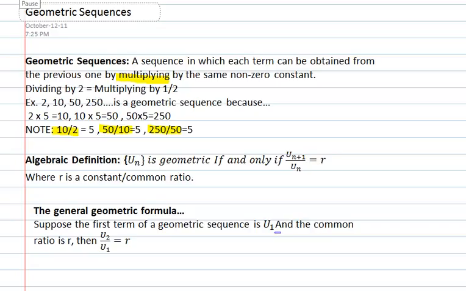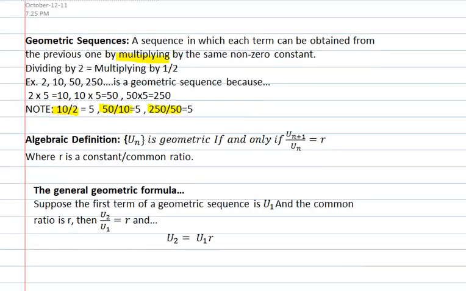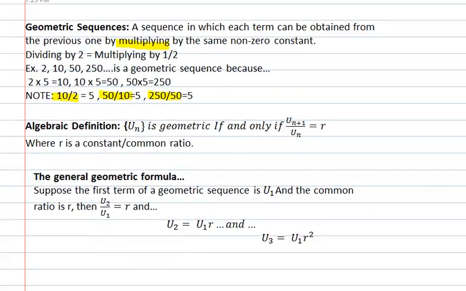Rearranging, the second term equals the first term times r. The third term is the first term times r once to get the second one, and once more to get the third, so it's u1 times r times r, or u1 times r squared.